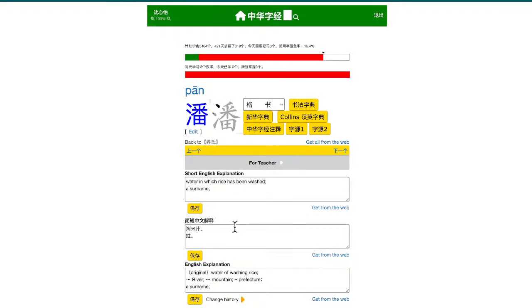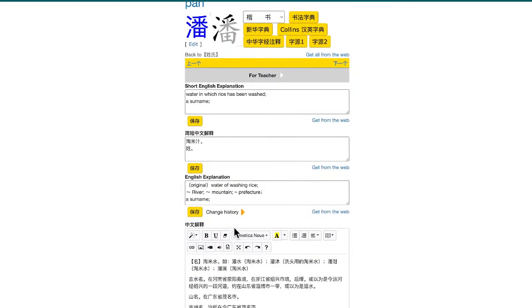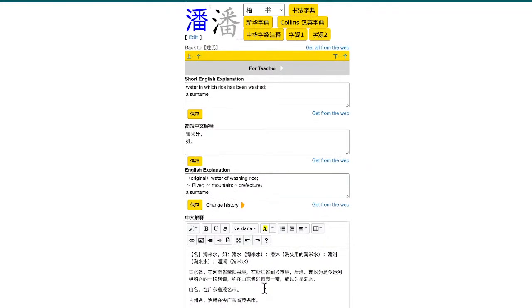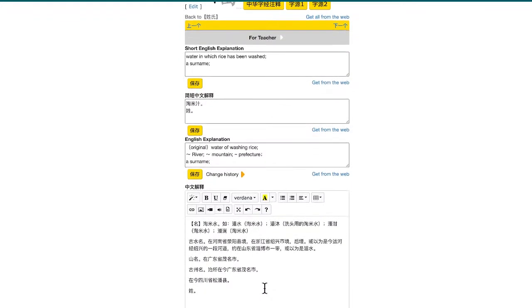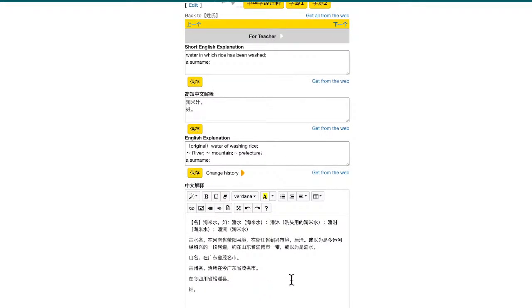Next one, Pan. Now the original meaning of Pan is the water for washing rice. It's called Pan. But it's also a name for an ancient river in Henan province nowadays, and also named for cities and places.